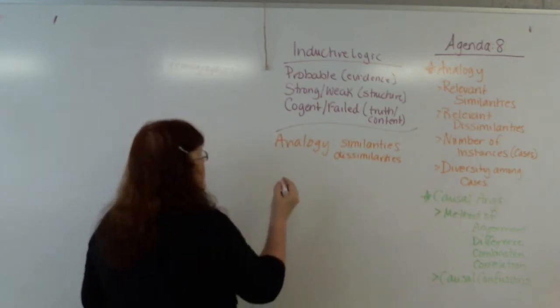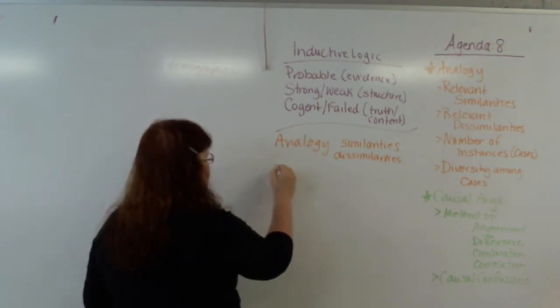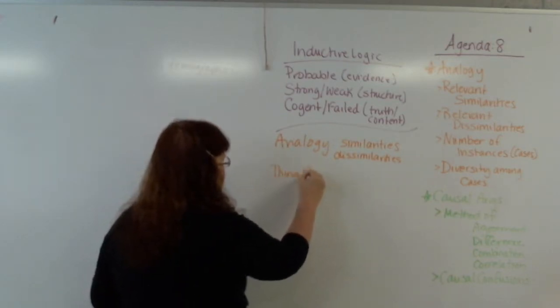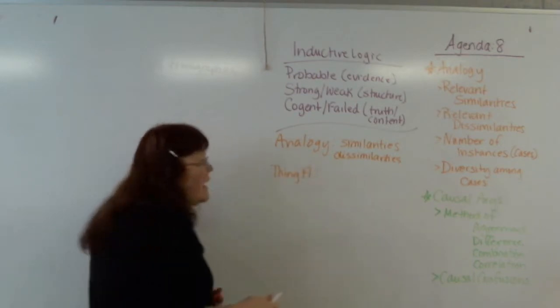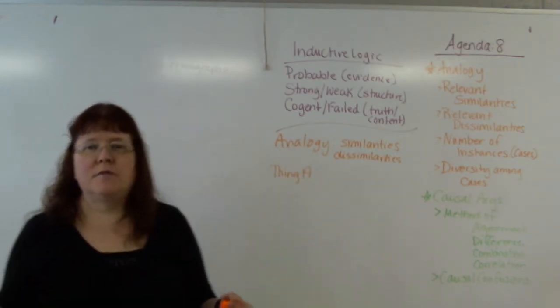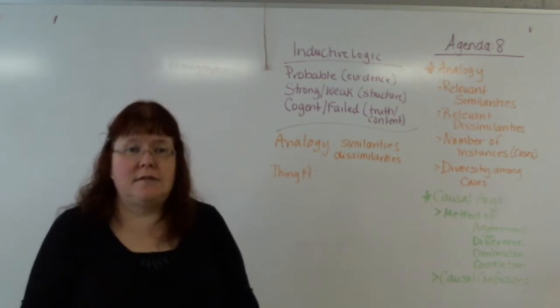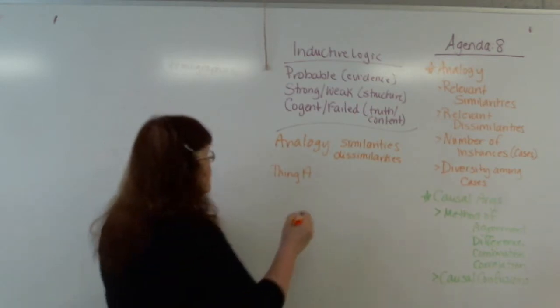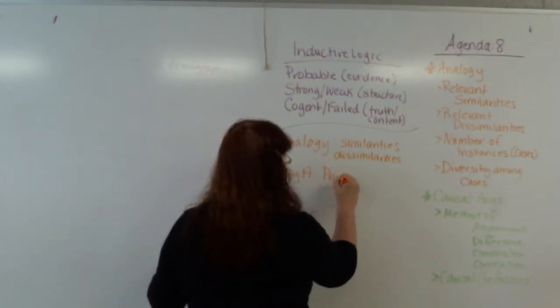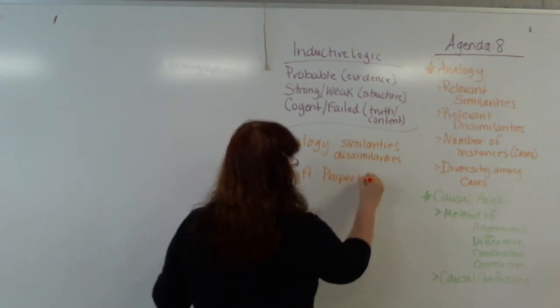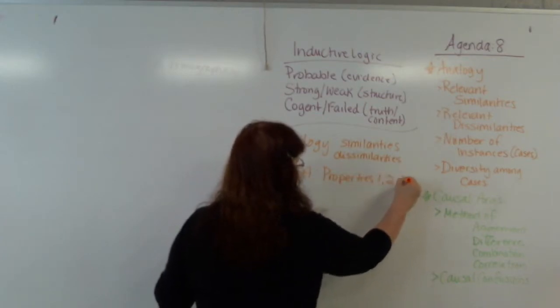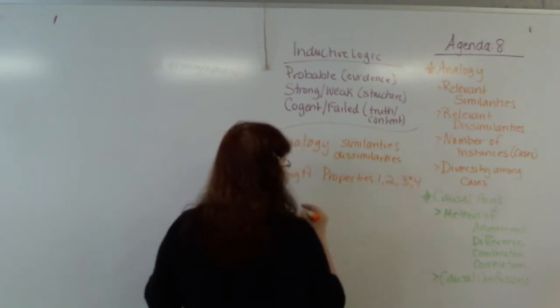Okay? So I'm looking at this thing A, whatever that is. And it has certain attributes, okay? Certain properties, okay? That's my P here. Certain properties. So it has properties 1, 2, and 3. And 4.